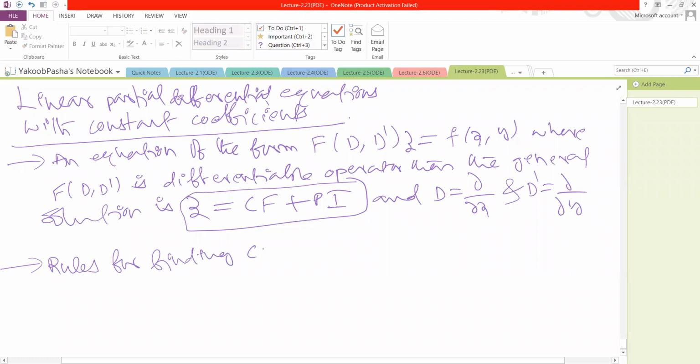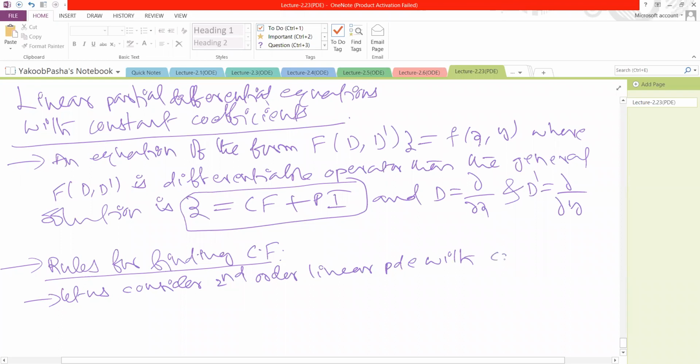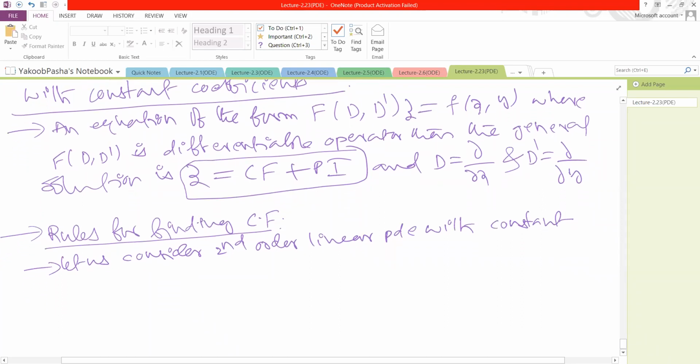Rules for finding CF. First, I am taking a second order linear partial differential equation with constant coefficients. Let us consider a second order linear partial differential equation with constant coefficients. For our convenience, we consider a second order linear equation with constant coefficients.